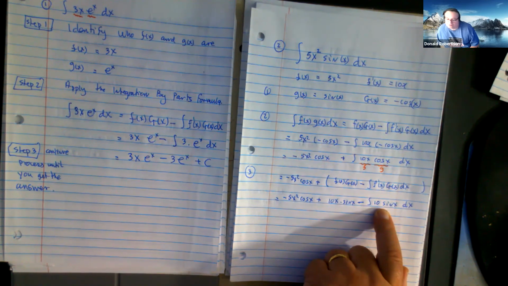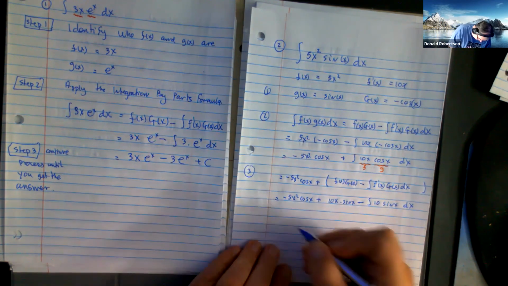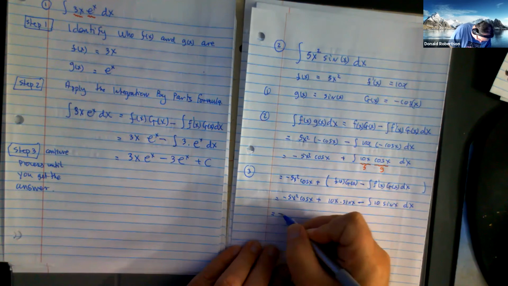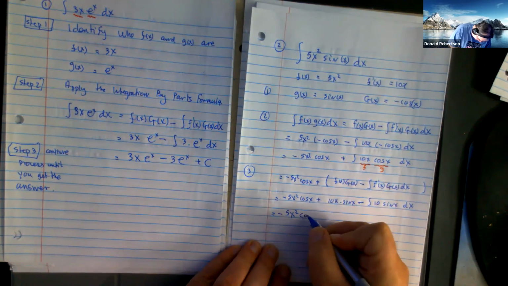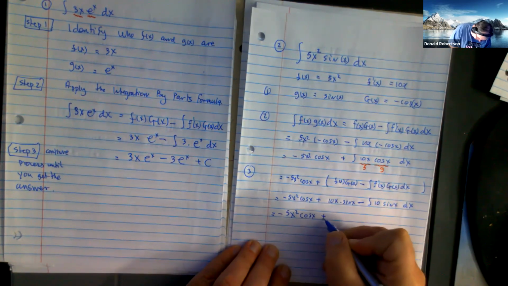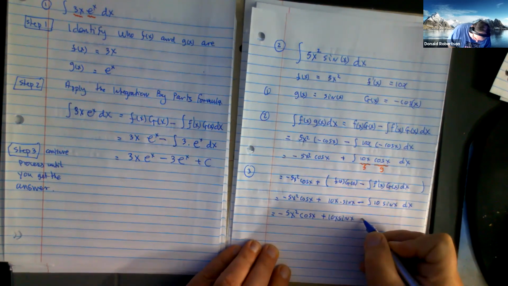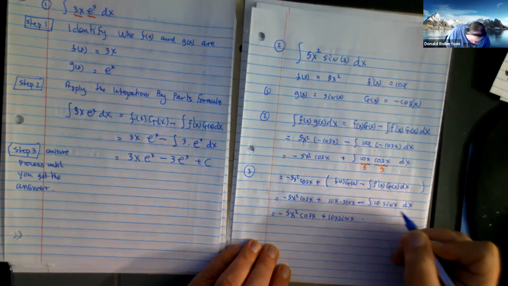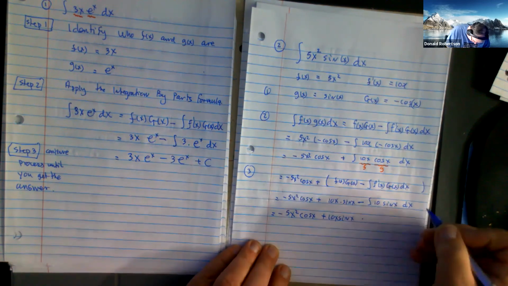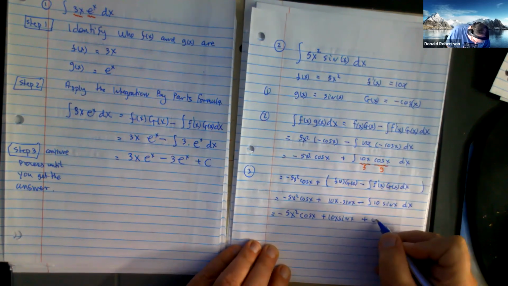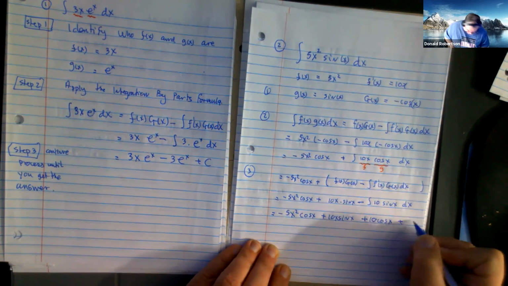So we're going to be stopped in a few seconds. So it's negative 5x squared cosine x plus 10x sine x. And if you integrate 10 sine x, you get negative 10 cosine x's. So you get a plus 10 cosine x's. Where's C added on it there?